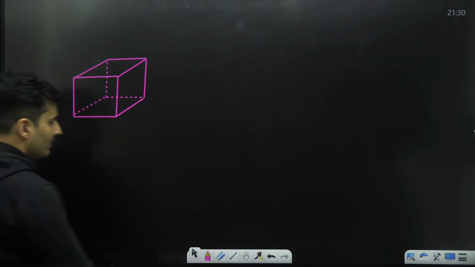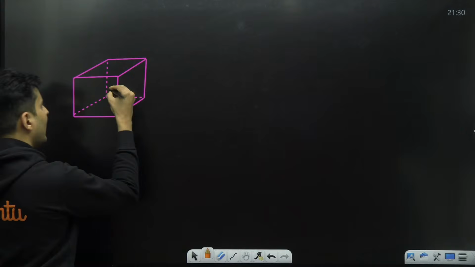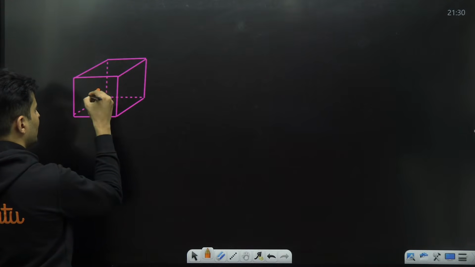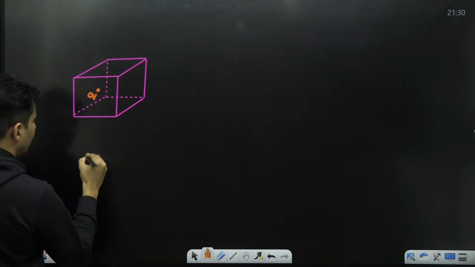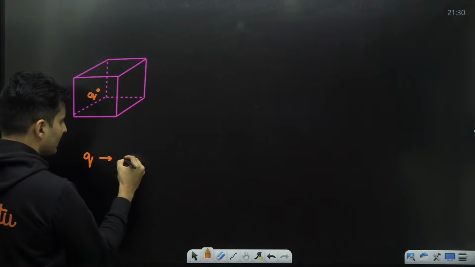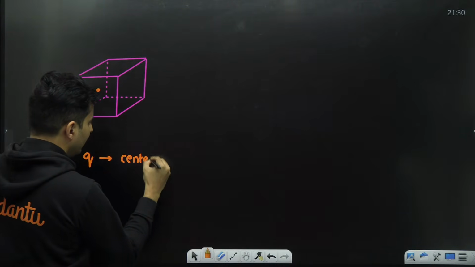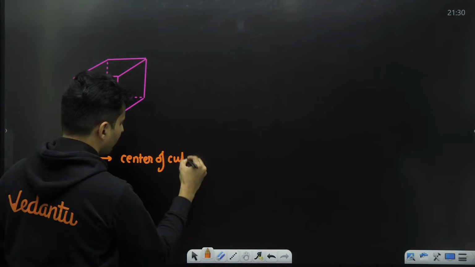Imagine this is a cubical surface, and what happens is I have placed a charge exactly at the center. Charge Q is basically at the center of the cube.